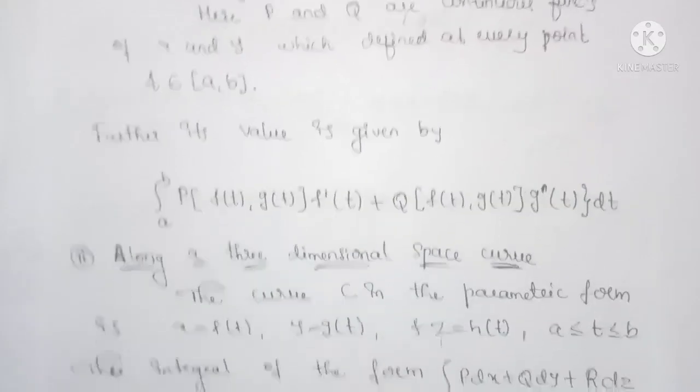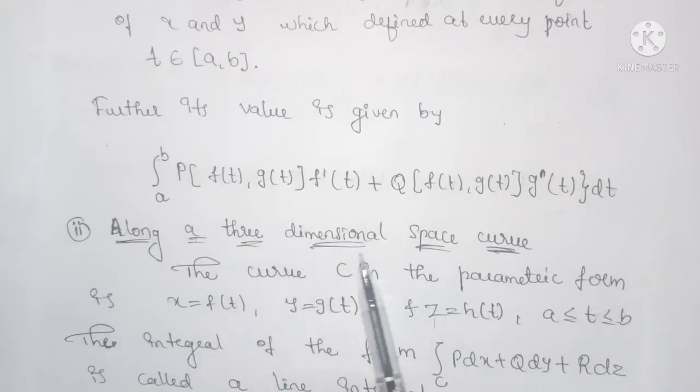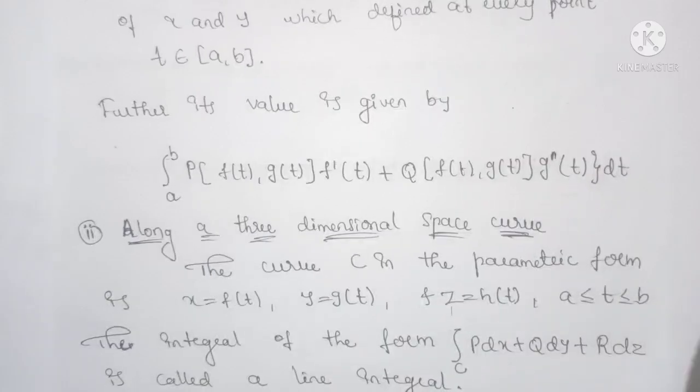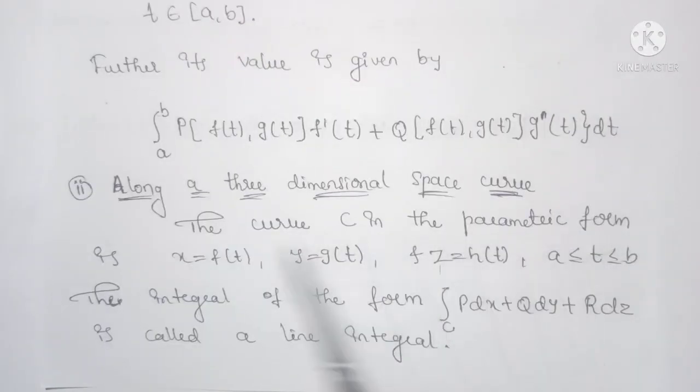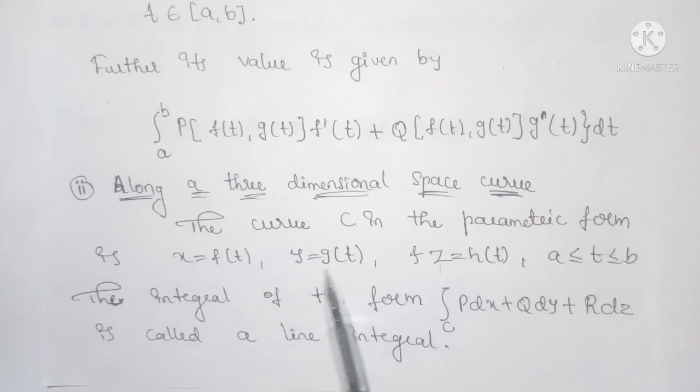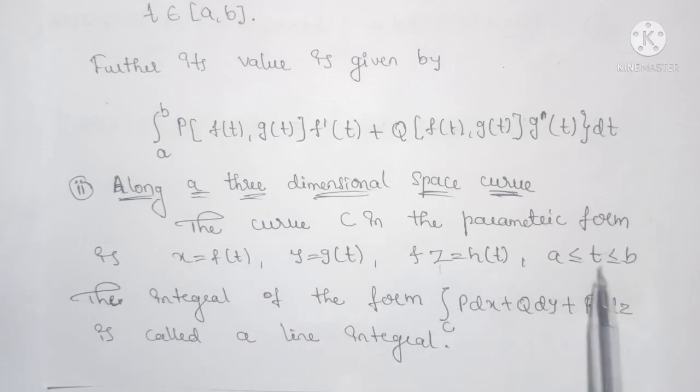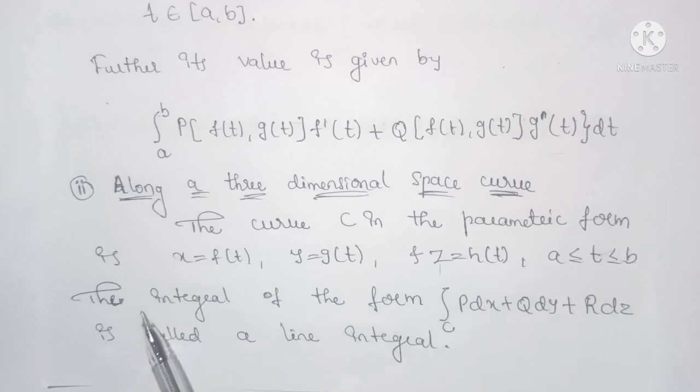Similarly we define it along a three-dimensional space curve. The curve C in the parametric form is x equals f of t, y equals g of t, and z equals h of t, where t varies from a to b. Then the integral of the form integration p dx plus q dy plus r dz along the curve C is called a line integral.